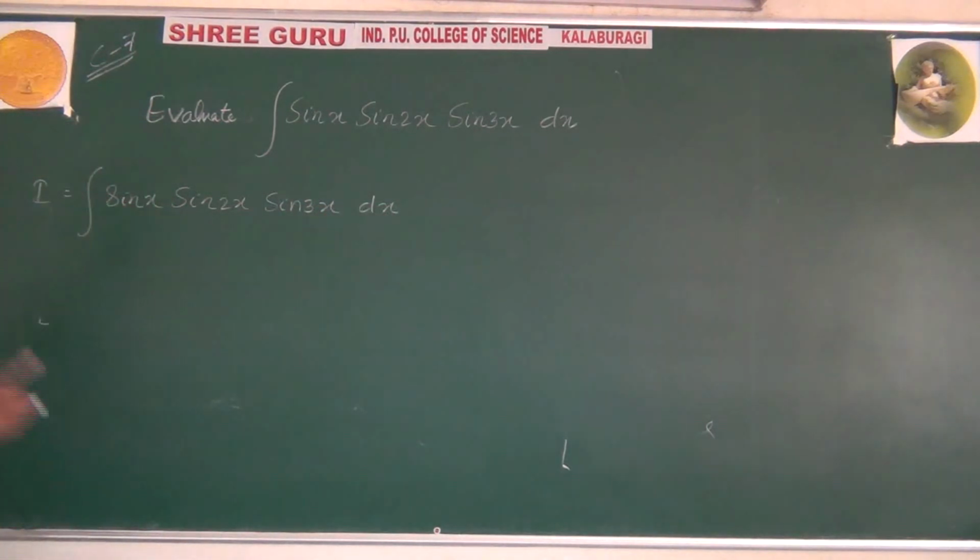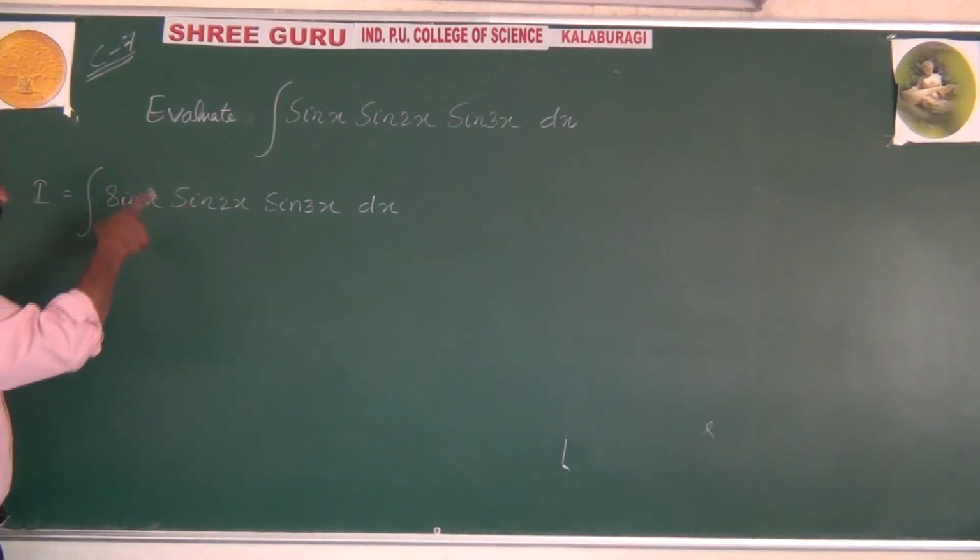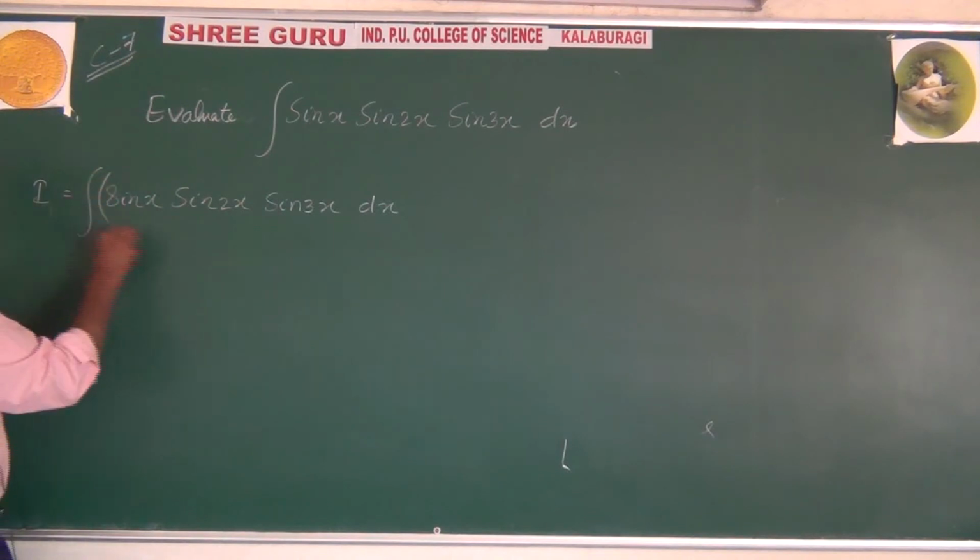You can combine any two terms you wish, either the first two, the next two, or first and third; it does not matter for the answer. So let's combine the first and second terms and use the formula sin A sin B.